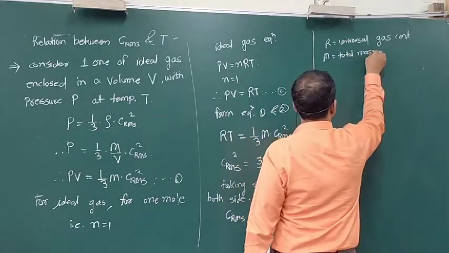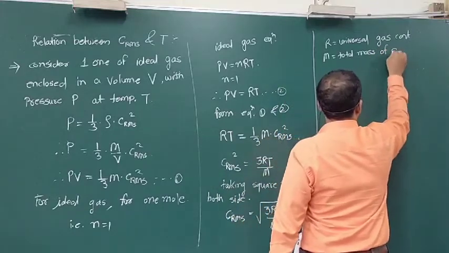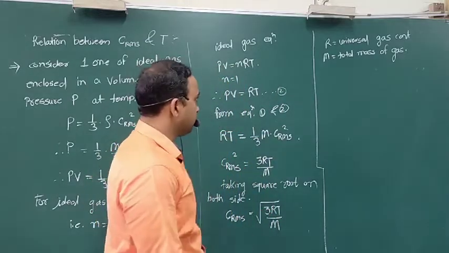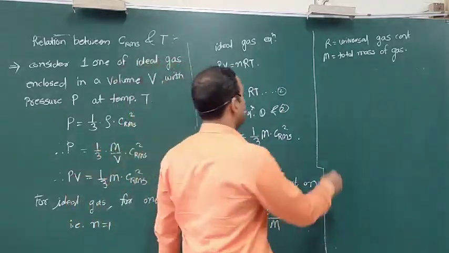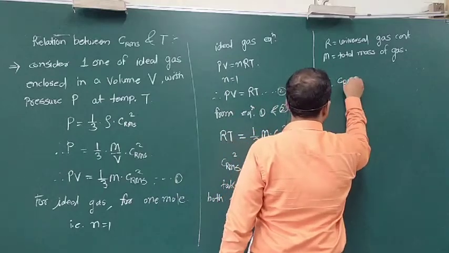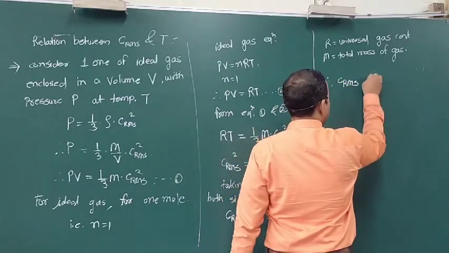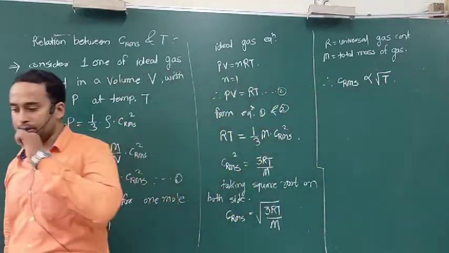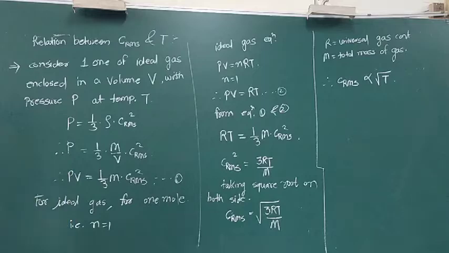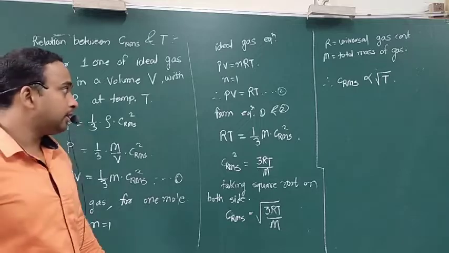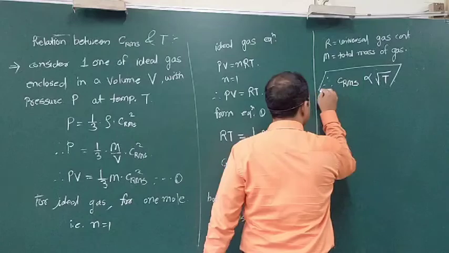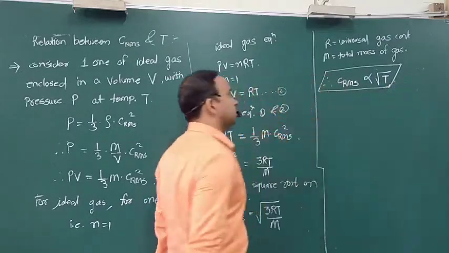M is the total mass of a gas, it is also constant. So this is also constant. Therefore we can write C RMS is directly proportional to root T. This is the relation between C RMS velocity and temperature.